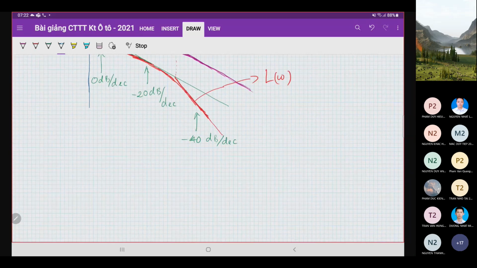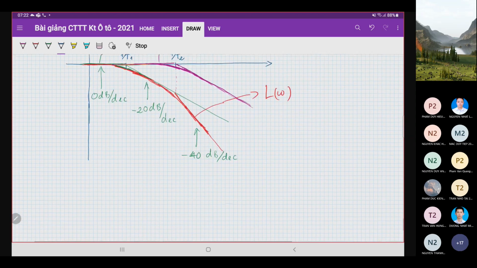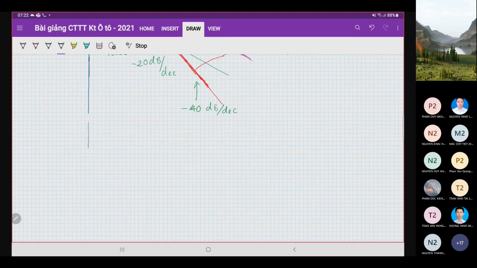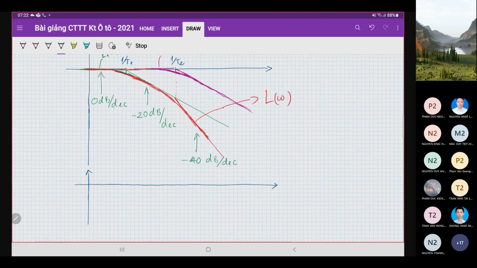And if we draw the diagram for phi, it's also the same situation. Okay, here we have the diagram for phi. We still have these two frequencies, the two frequencies here.